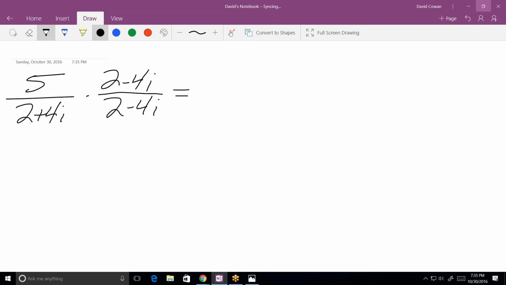Okay, and then starting with the top, it would be 10, and then a minus 20i, and then on the bottom it would be 4, and then minus 8i. Hold on, you're multiplying. Oh, my bad. Skip the two middle terms, and you're left with negative 16i squared. Squared, my bad.